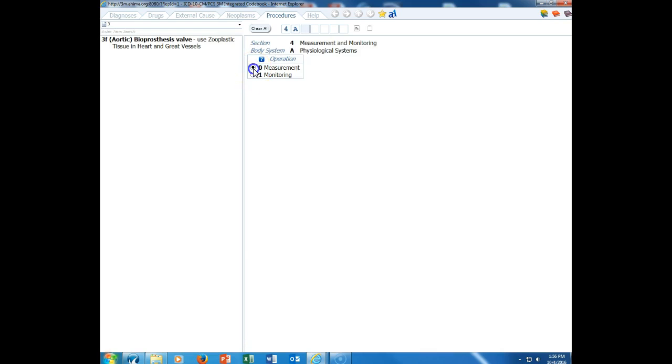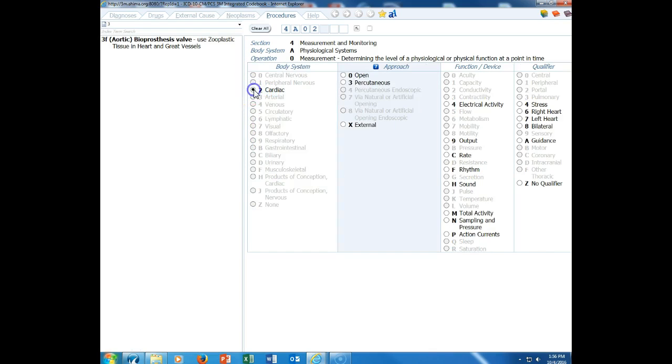It is measurement, cardiac. It is a percutaneous procedure, sampling and pressure. And in this particular example, it was left heart cath, and so we're at 7. 4A023N7.